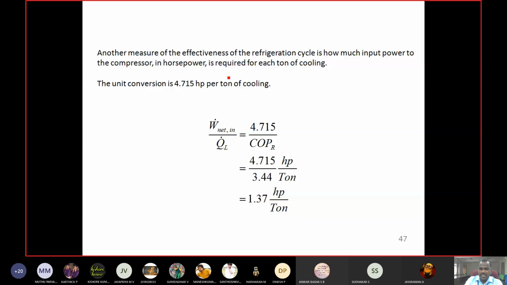If they ask, we can try to solve this. So 4.715 divided by COP of refrigerant will give you W net by QL, approximately 1.37 HP per ton. That means horsepower per ton, which we don't need. If they ask, you can find it.